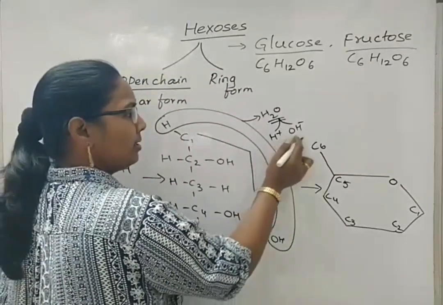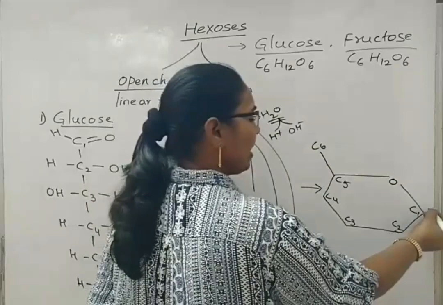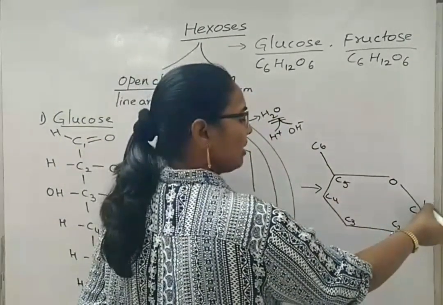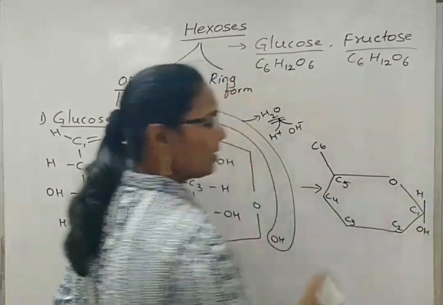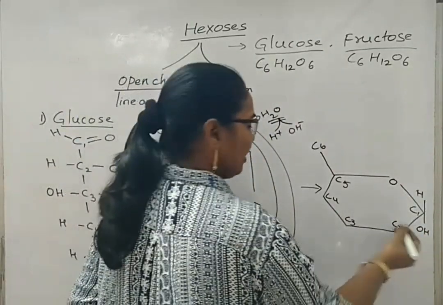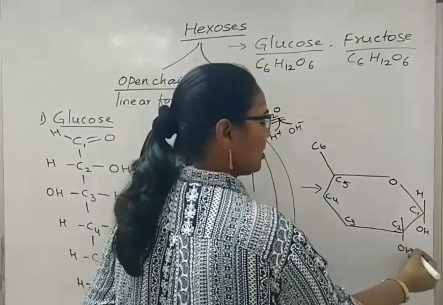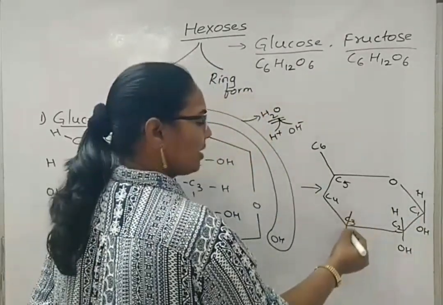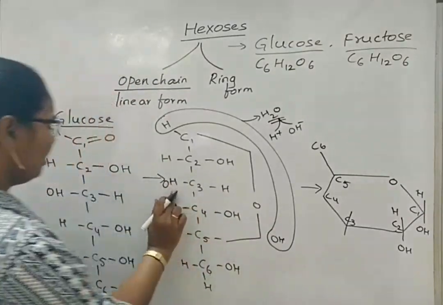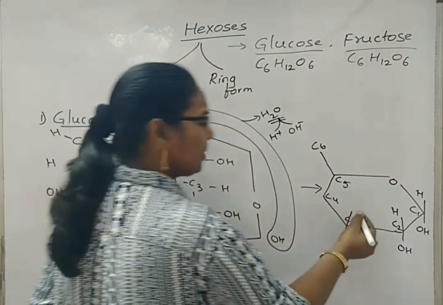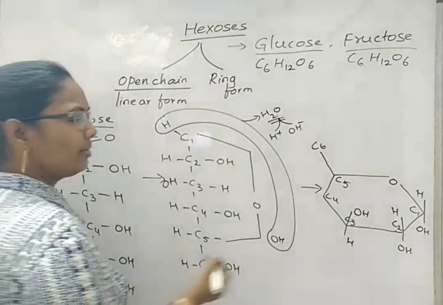Now, these dissociated H plus and OH minus ions will again be attached at the carbon 1 position like this, and at the carbon 2 position there is OH and H. At carbon 3 the OH is on the other side, so I am writing OH here and hydrogen here.